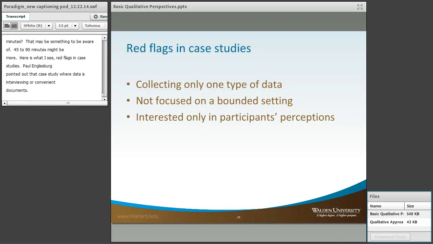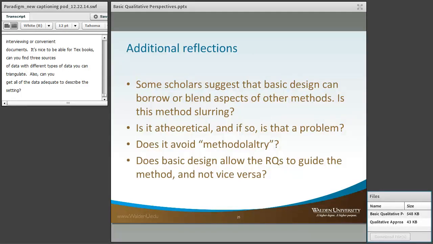Yin and Stake's textbooks often ask: can you find at least three different types of data that you can triangulate? And can you get all the data that's adequate to describe a bounded setting? Or if you're only interested in participant perceptions, don't call it a case study. It's a legitimate thing to understand what stakeholders or participants have to say.